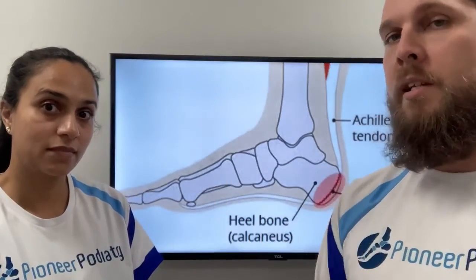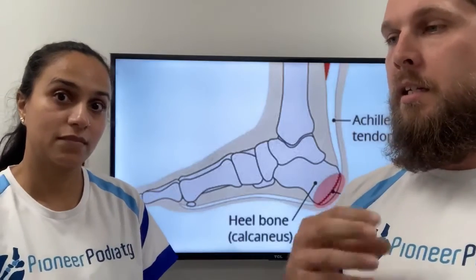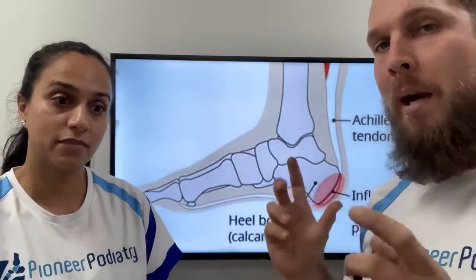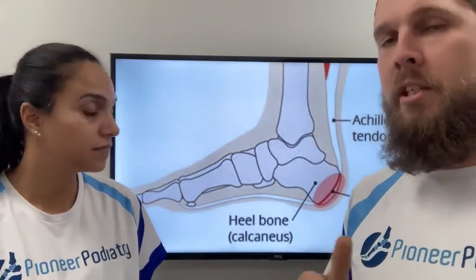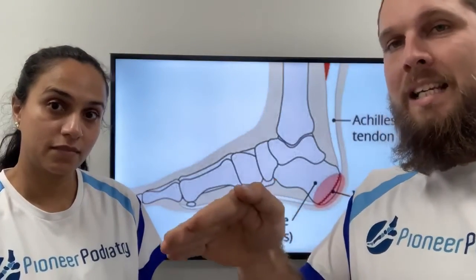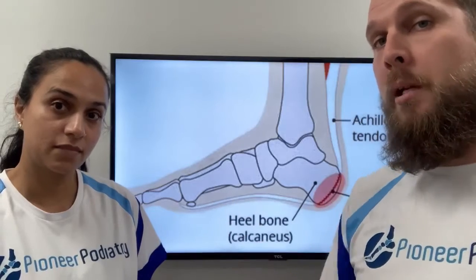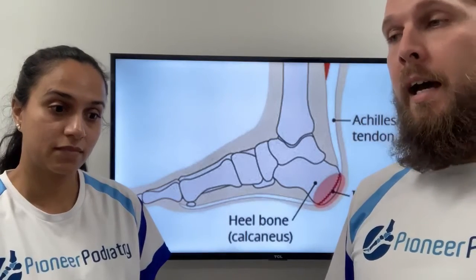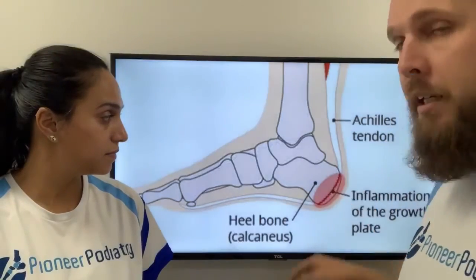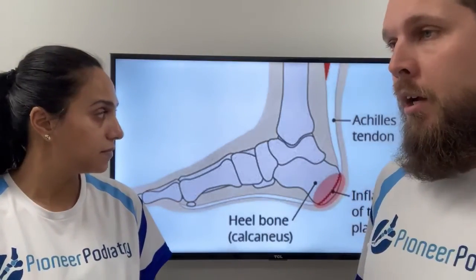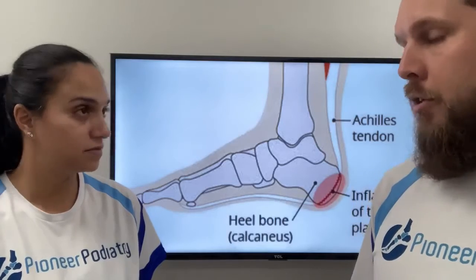So usually when we see this condition, we'll see something not quite right with the balance between these two tendons and the way they affect the heel. So generally we'll see this condition in children whose feet tend to pronate or roll in a little bit more than we like, because that increases the tension of those attachments on that secondary growth plate. So we've got various treatments for that.